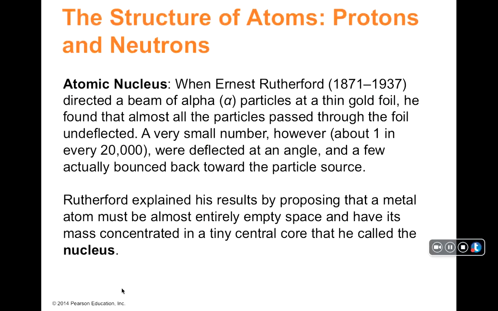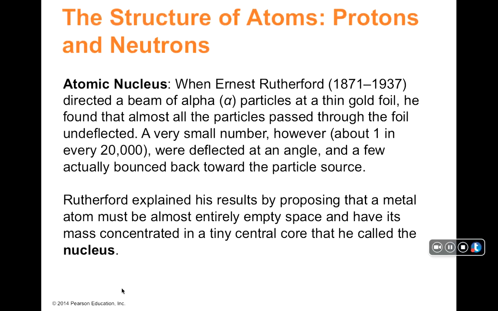And then Rutherford used what's known as the gold foil experiment, and directed a beam of alpha particles, which I'll talk about at the end here in terms of nuclear chemistry. He found that most of them passed through, but a very small number did not. They were deflected.